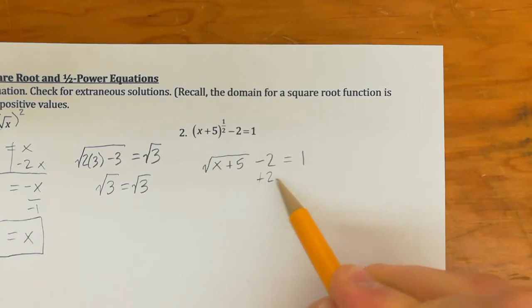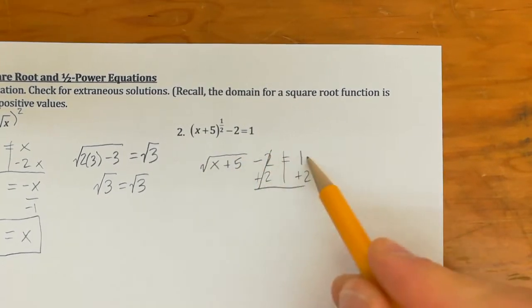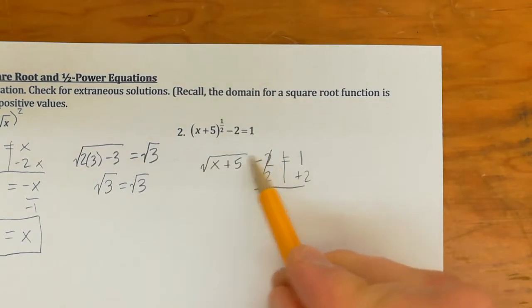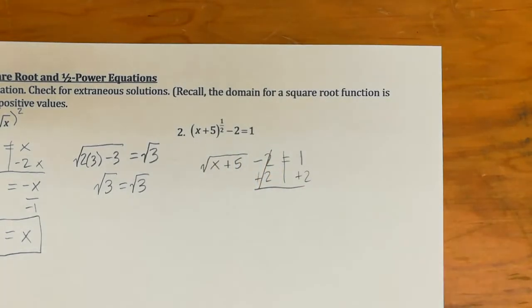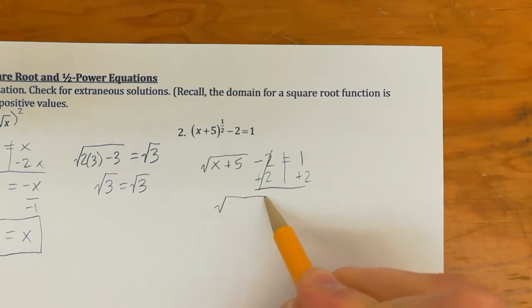So I'm going to add 2 to both sides first. You wouldn't want to square at that step because squaring this would be like squaring a binomial. It'd get really messy and wouldn't actually help. So isolate that square root first.